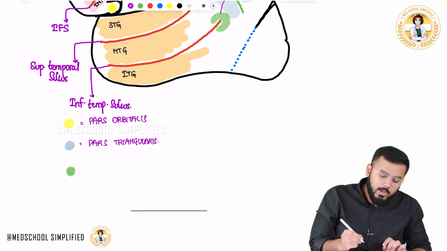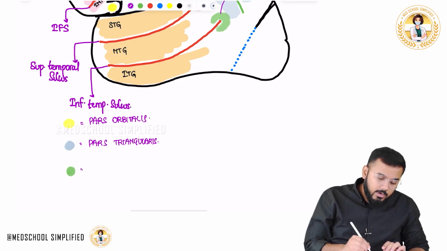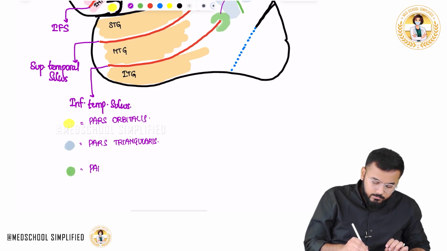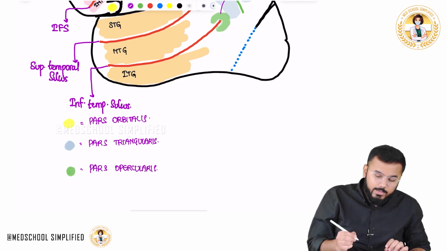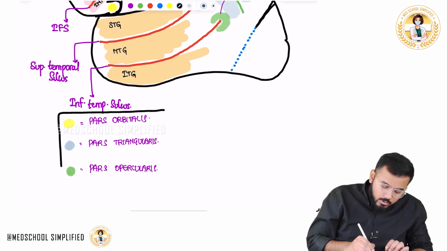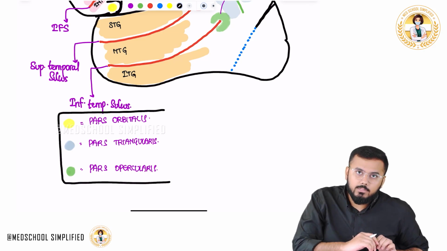So one is called pars orbitalis, next is called pars triangularis, and the third important thing is called pars opercularis. So what are these 3 important things? One is pars orbitalis, pars triangularis as well as pars opercularis, right?